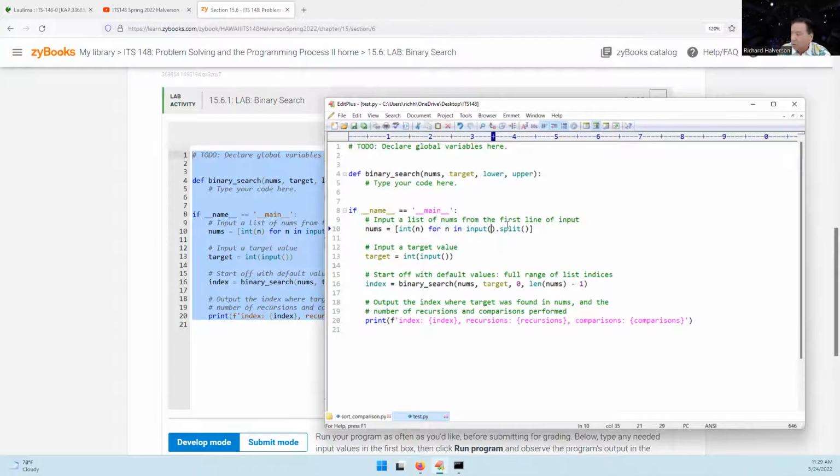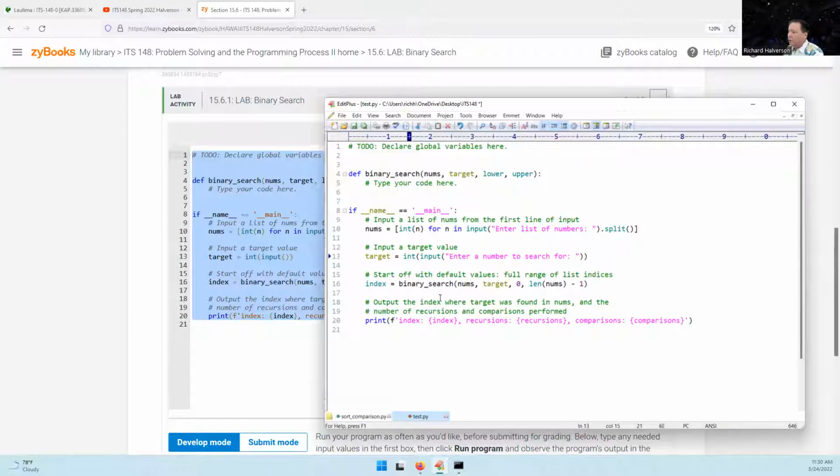Okay, so I'm going to put something here: enter list of numbers, just so I know what it's asking for when it's sitting there and not doing anything. And here we're asking for a number to search for.